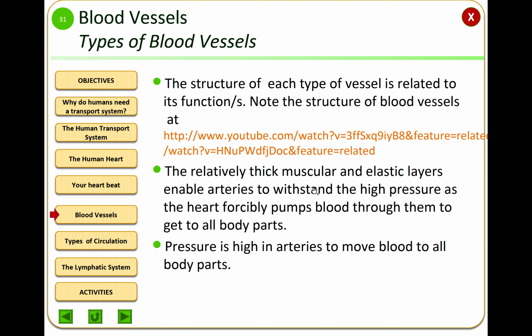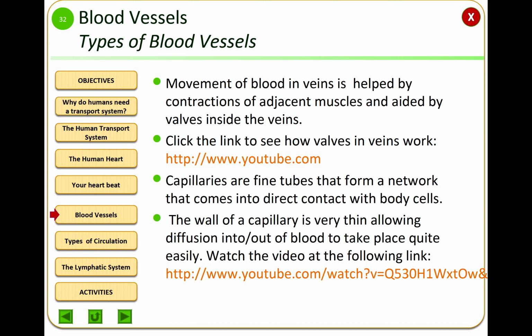He said here that arteries have relatively thick muscular and elastic layers that make them able to withstand the high pressure as the heart forcibly pumps the blood through them to all the body parts. So we can say that the arteries have very thick muscular and elastic layers. The pressure in the arteries is very high, which makes the blood move to the entire body.